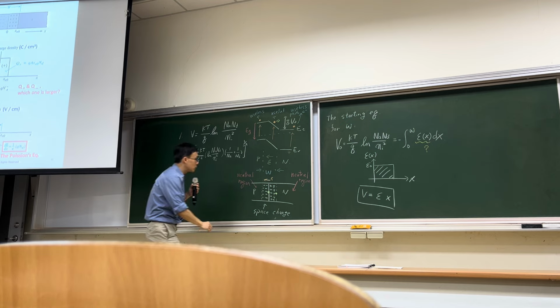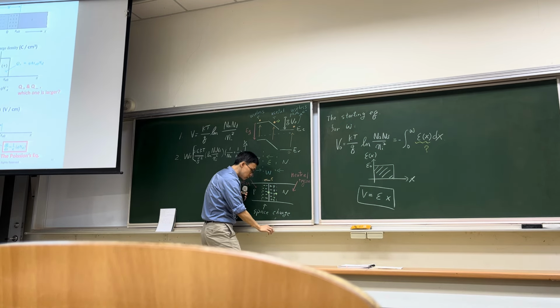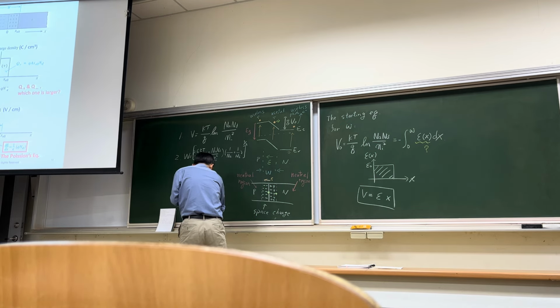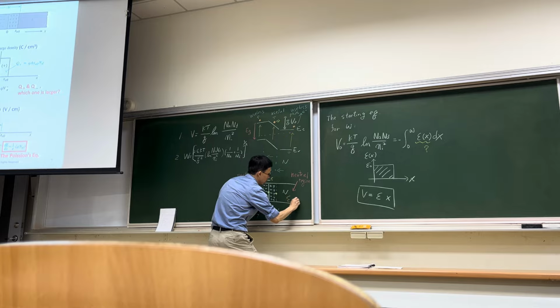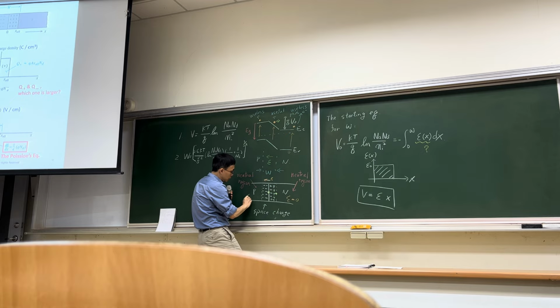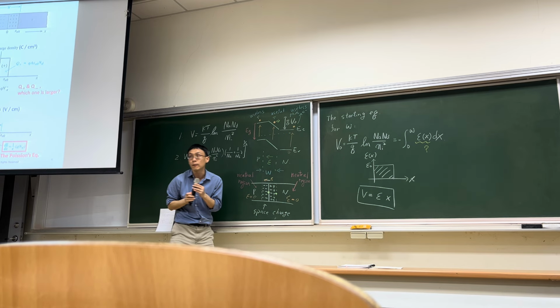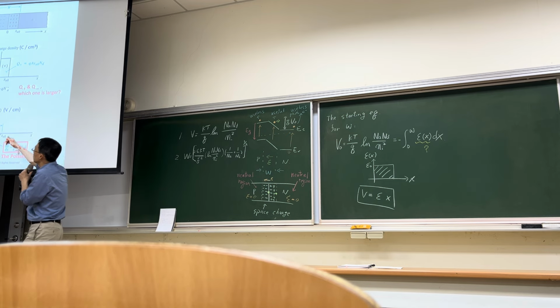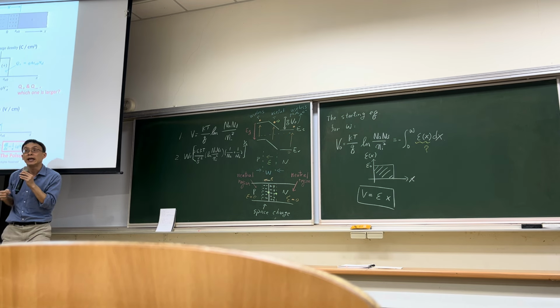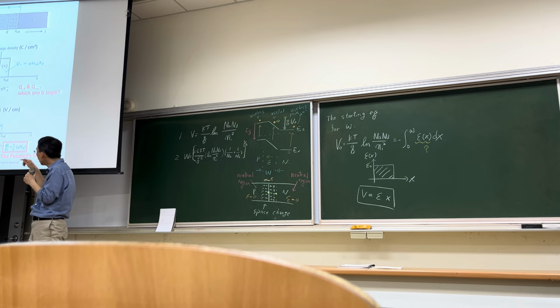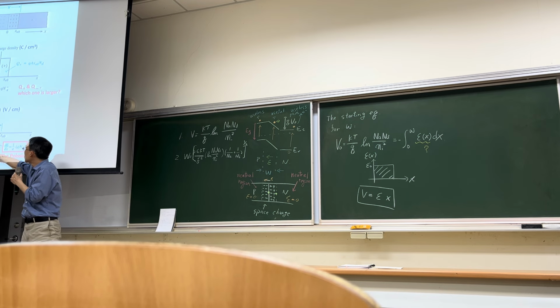So the electrical field is 0 here in the neutral region, 0 here in the neutral region, right? So we know the starting point of your electrical fields is 0. Next step, if you know the doping concentration, you can know the maximum by doing the slope, right?